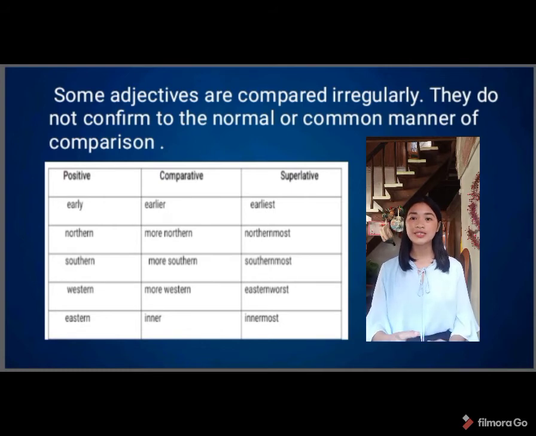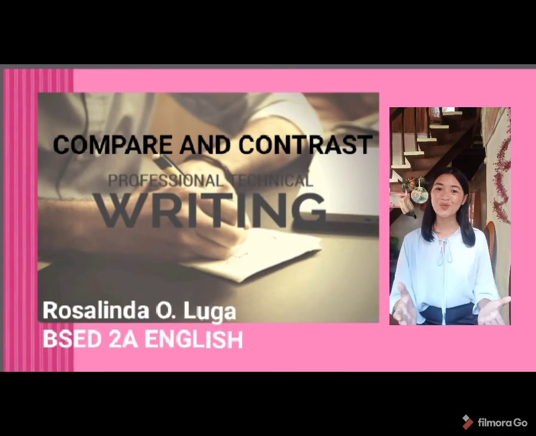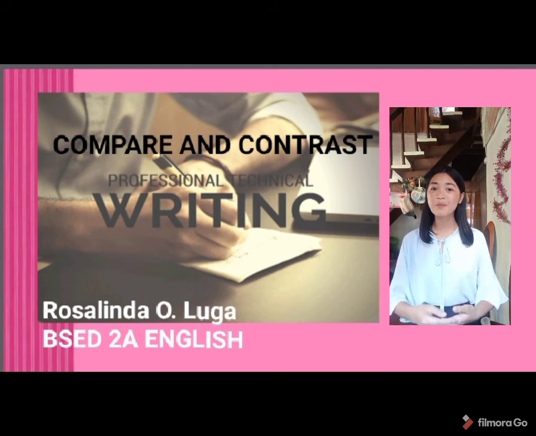It is also stated here that there are some adjectives that are composed irregularly. So the following words in positive, comparative, and superlative do not conform to the normal or common manner of comparison. That would be all for my discussion about the guidelines and grammar principles of comparing and contrasting.